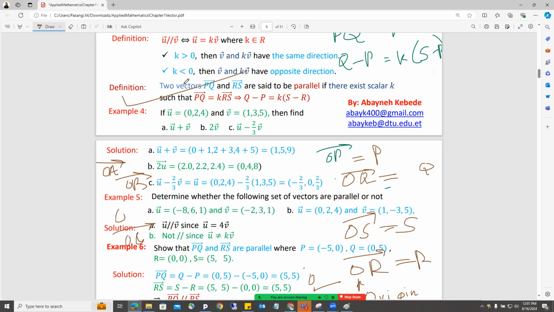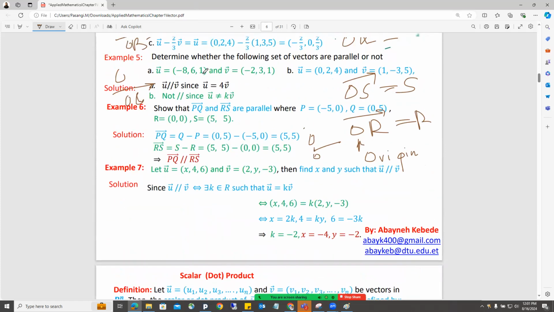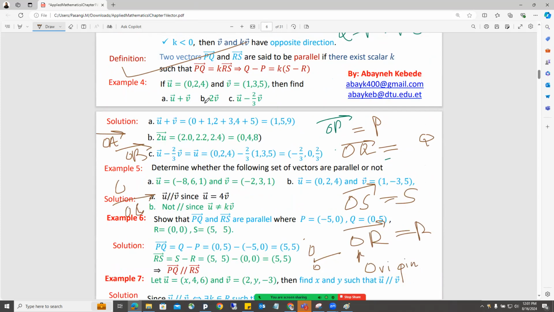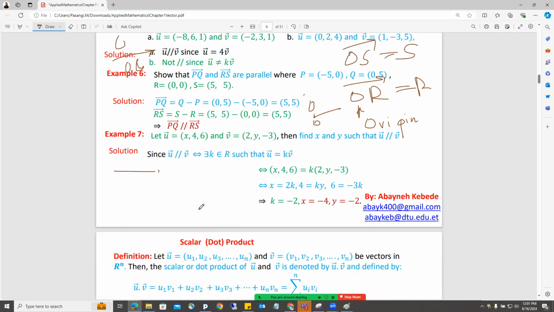Then here we have example 4, example 5, and example 6. You can do these examples by yourself, because in that tute we did these ones. So try these ones up until example 7. Tomorrow, in theory, we will start the third unit, and then in applied we'll start the dot product, scalar product, and the rest.